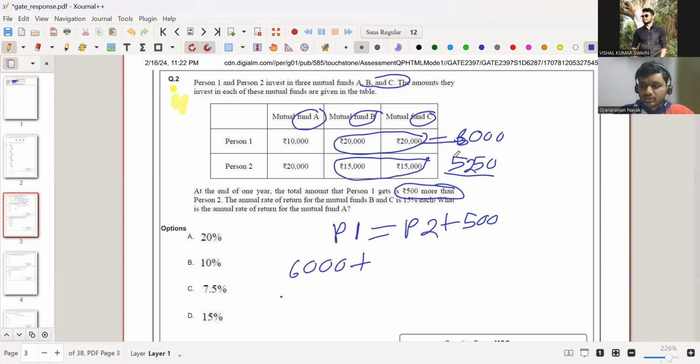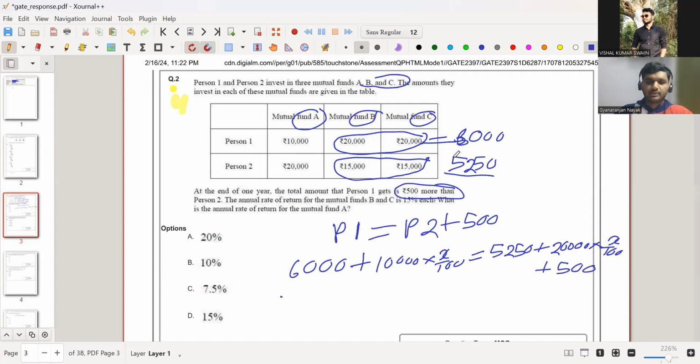Suppose the interest of mutual fund A is X percent. So 10,000 times X by 100, plus 6,000, equals 5,250 plus 20,000 times X by 100, plus 500 more.